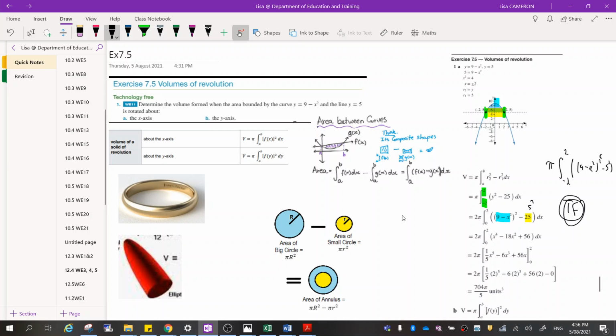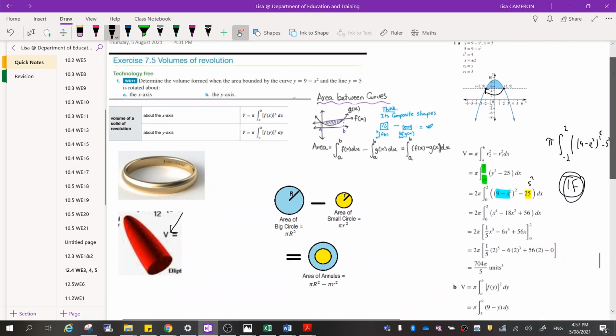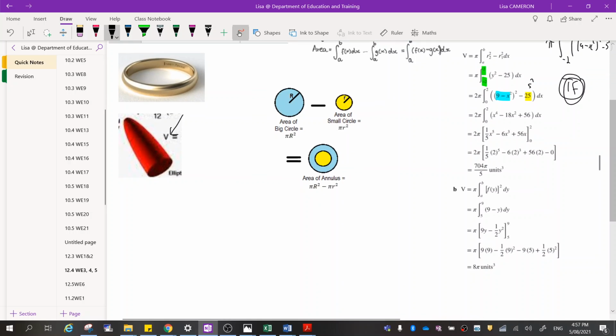Now, the next one that we're going to talk about is what happens if we rotate about the y-axis. Rotating around the y-axis means that it's going to spin in this direction to create our 3-dimensional object. So it's going to look like this elliptical cone down here. In order to do that, what we have to do is apply our formula.